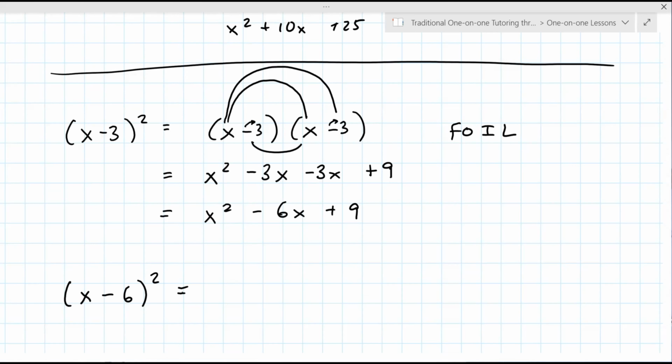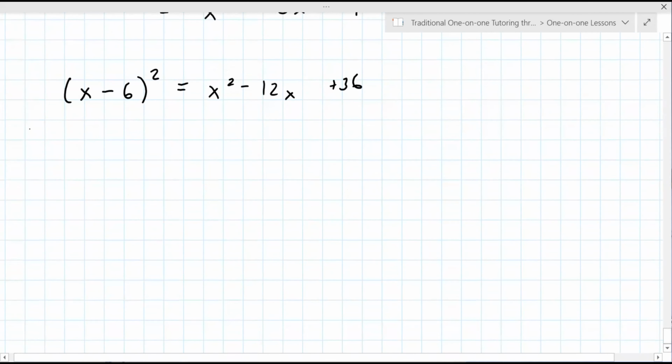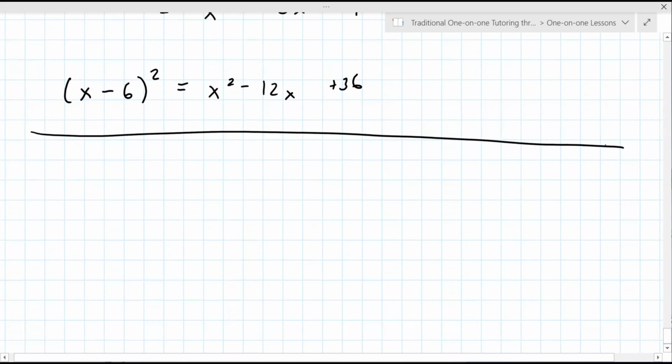So x squared minus 12x plus 36. Perfect. Okay. So now I'm going to give you some different problems, but they're the same recipe.